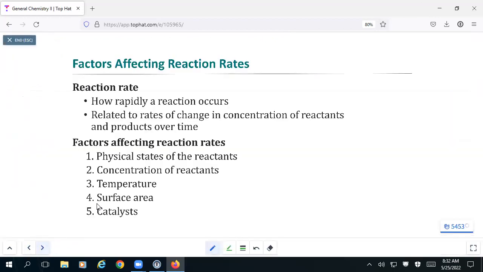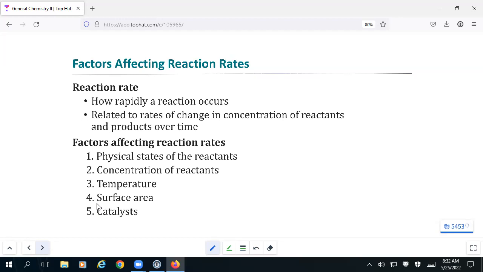And when it comes down to it, there are 5 main factors that we can look at. The 5 factors that we can look at are the physical phase of the reactants themselves. So are we dealing with solids, liquids, gases, or solutions?